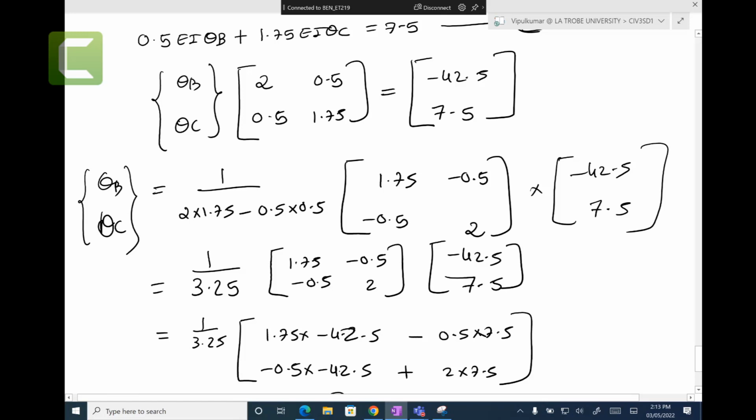Then you swap the main diagonals and put a minus in front of the other diagonals.